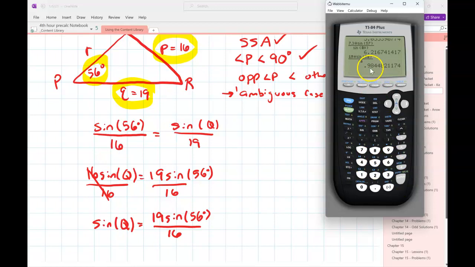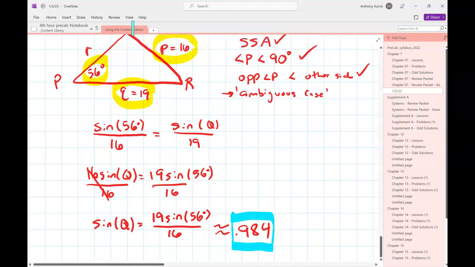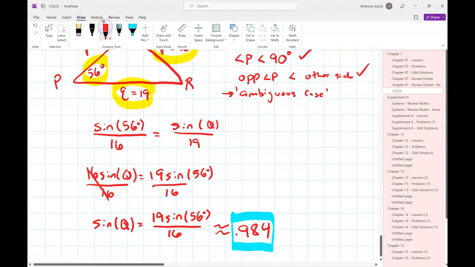So I get 0.984. And it's this number here that's going to tell me what's going on.